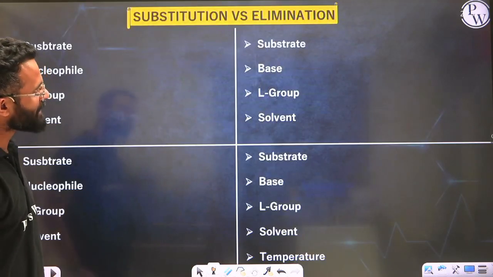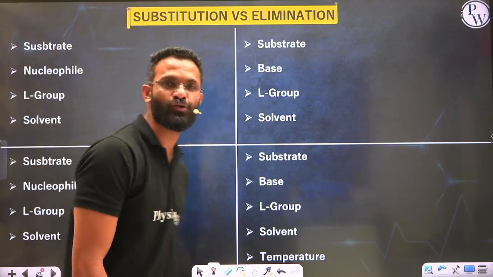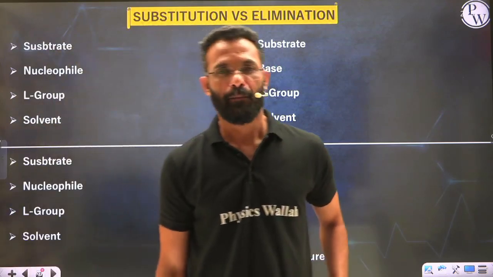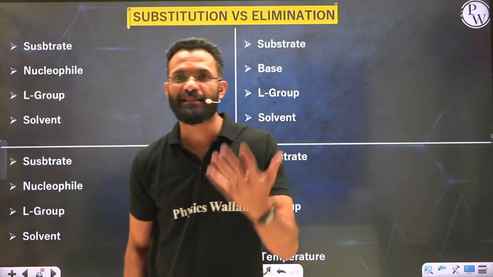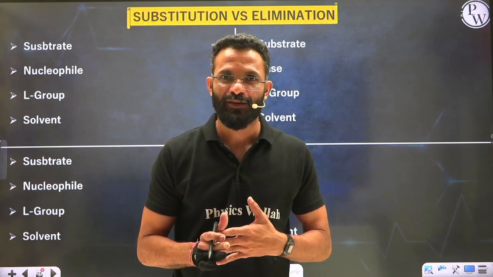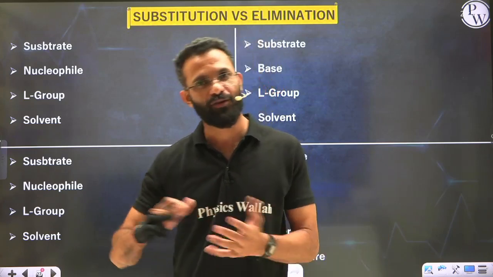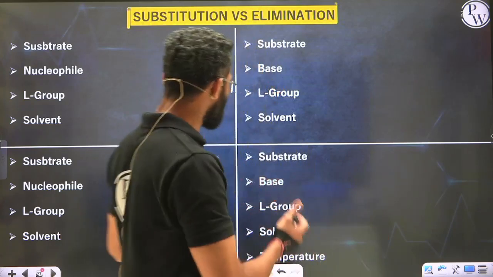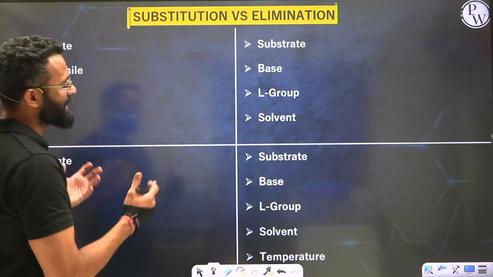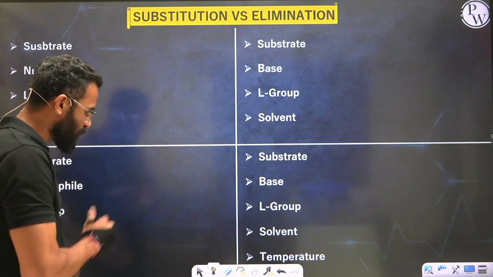And now finally we compare the substitution and elimination reactions. Many a time we see the questions have been asked in such a way that we get confused whether we are supposed to carry out SN1 or SN2 or E1 or E2. So basically this simple trick helps us to identify which mechanism it is going to undergo.